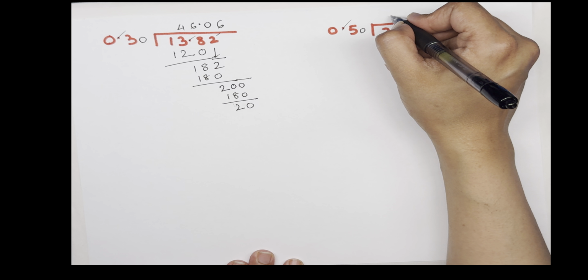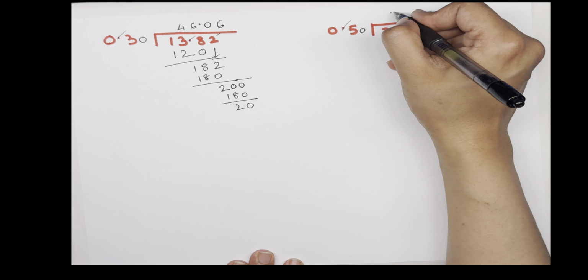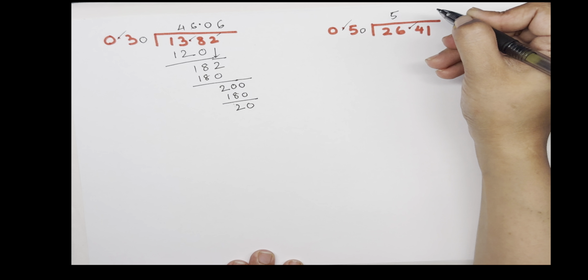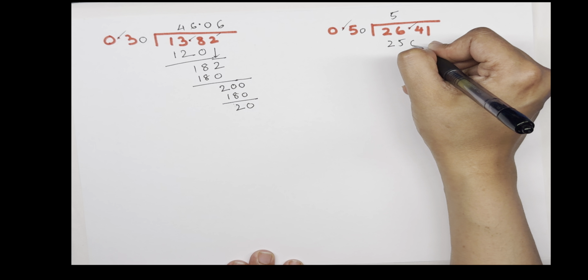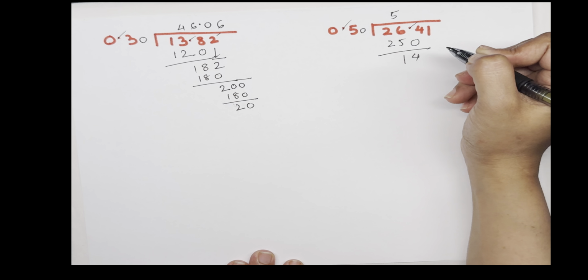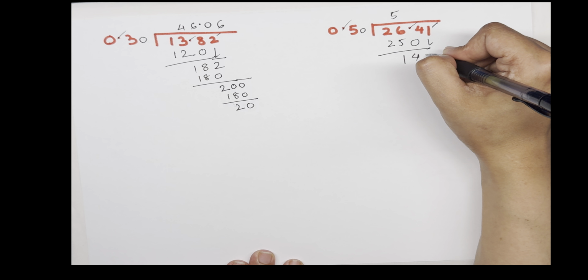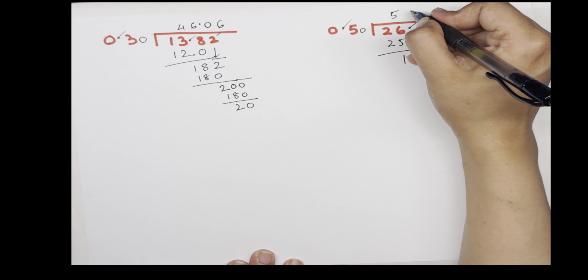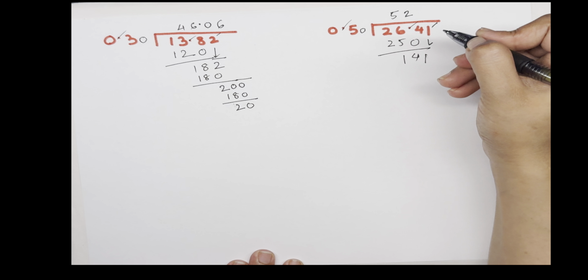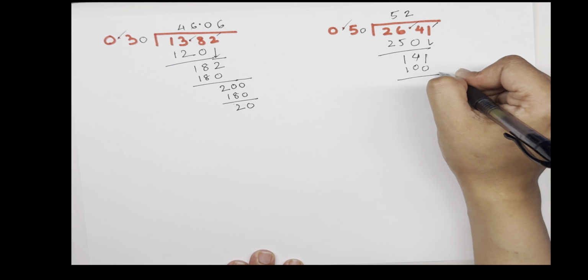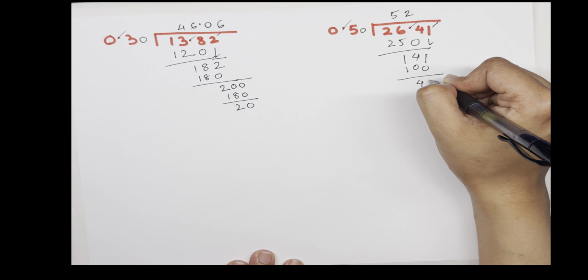Let's start. 5 times 5 is 25. Then bring down 1. 5 times 2 is 10. 4, 1.